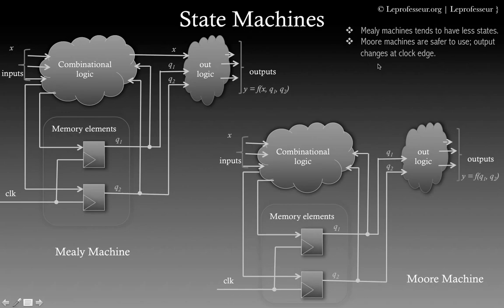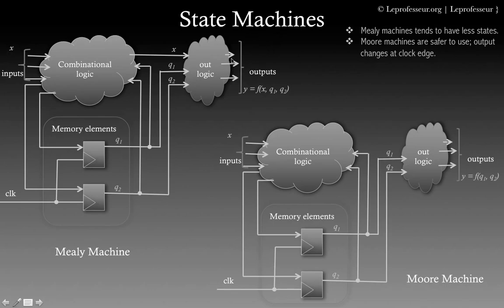Another difference is that in Moore machine, because the output changes on every clock edge, these are safer to use compared to Mealy machine, because in Mealy machine, if for example there is a glitch on any input, your output will have a glitch.